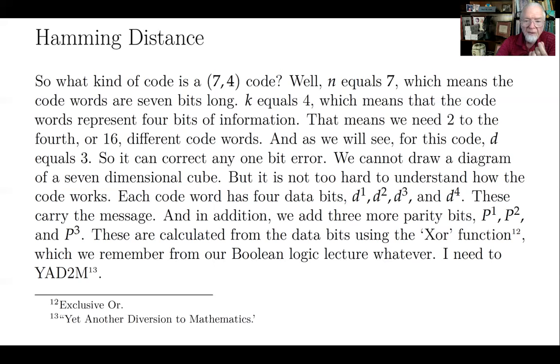So 2 to the 4 is 16. So there's 16 possible codes from 0000, 0001, 0010, etc., all the way up to 1111.